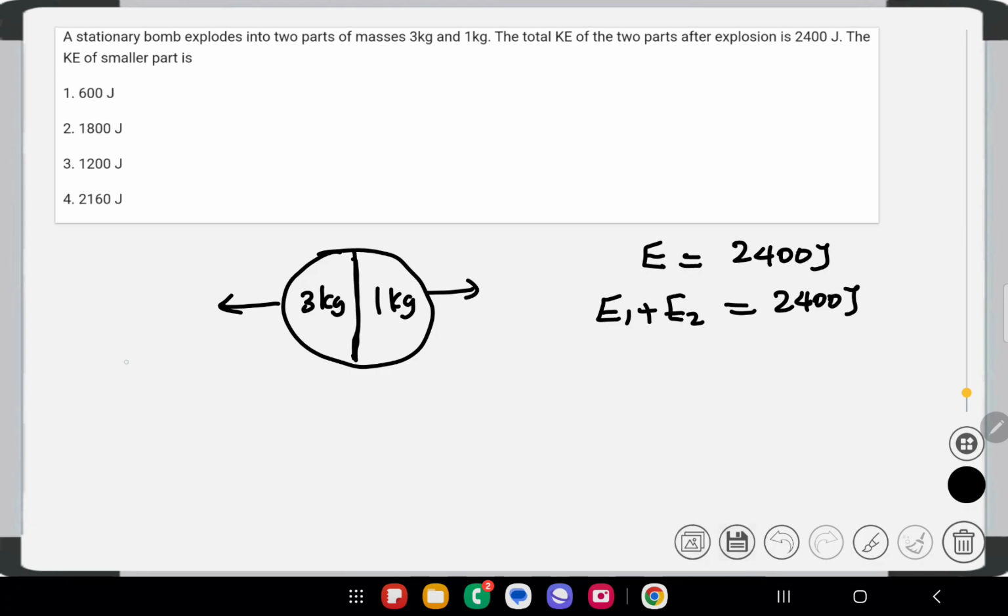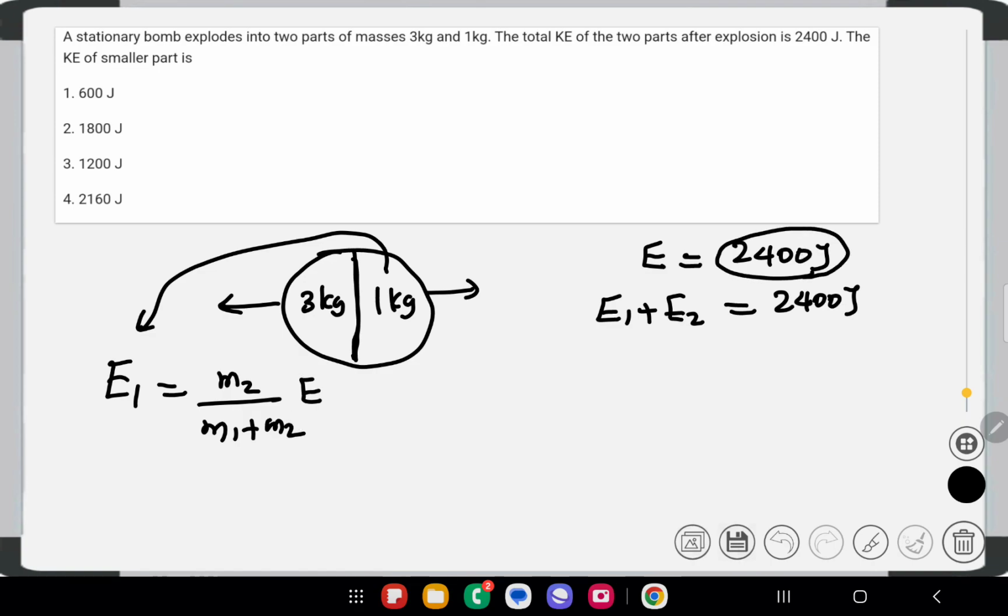Here we have to find the kinetic energy of the smaller part. The smaller part is 1 kg. The kinetic energy of the smaller part is denoted by E1. E1 equals m2 divided by m1 plus m2, into total kinetic energy.